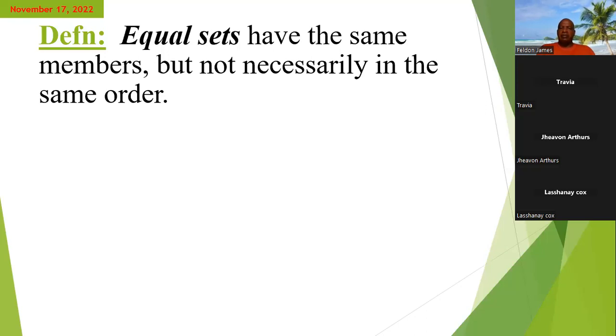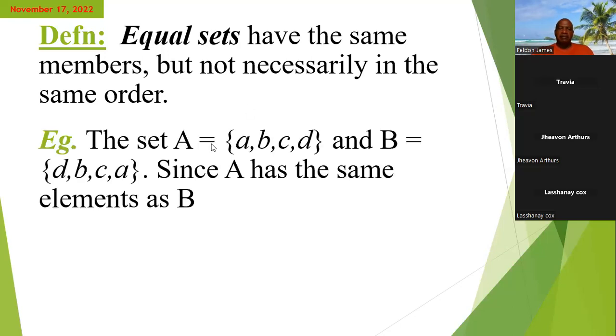Even though some days some students change their seating position, it's still the same class. If the members are rearranged in a set but they are the same exact elements, then the sets are equal.